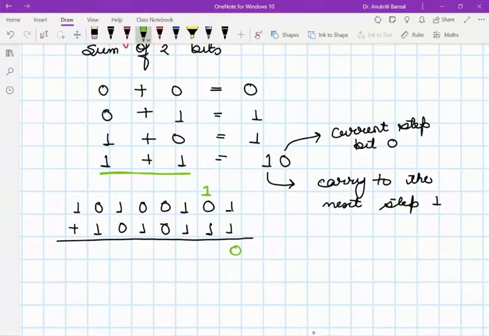Now this is 1 plus 0 is 1. Again 1 plus 1 is current step bit 0 and carry to the next step is 1. Again 1 plus 1 is 0, carry 1. Now 0 and 1 is 1. Then 1 plus 0, 1. 0 plus 1, 1.